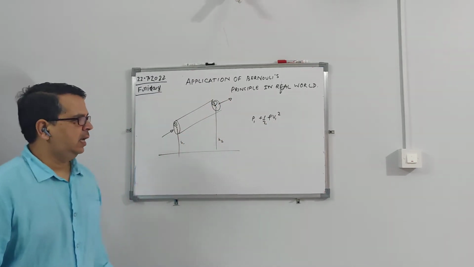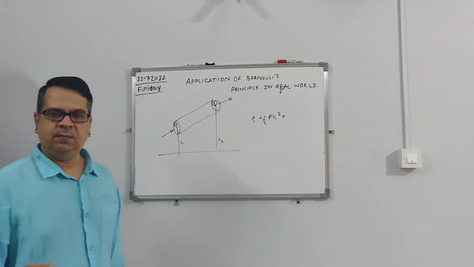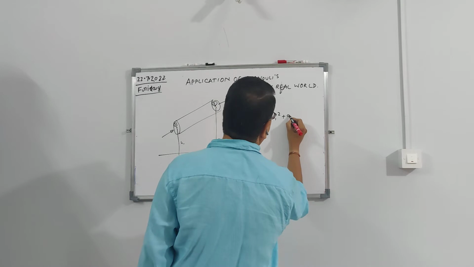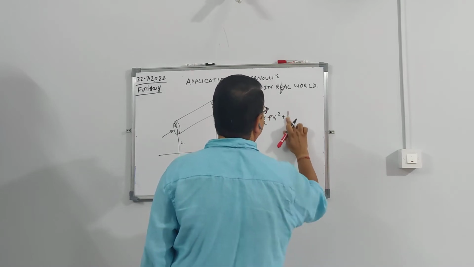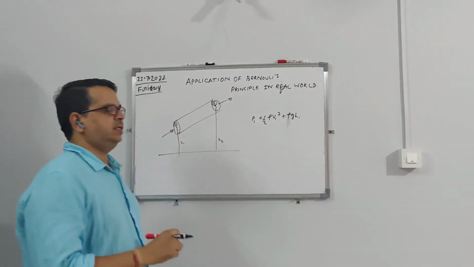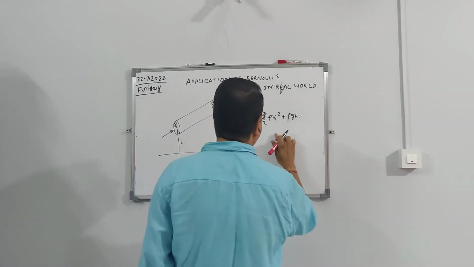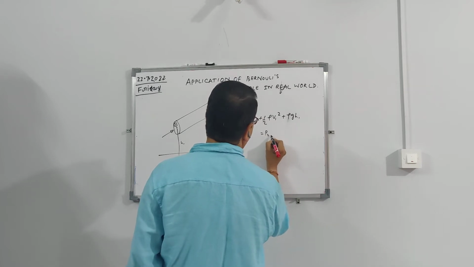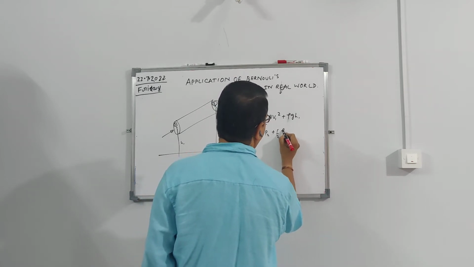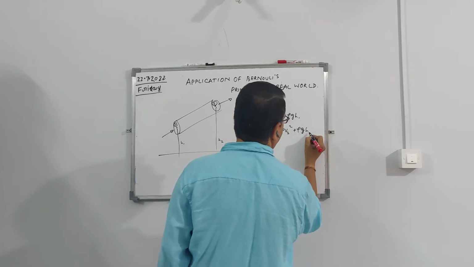Just remember this. Then the third term is your potential energy or the datum head, that is rho gh1, at point 1. This is equal to P2 plus half rho V2 square plus rho gh2.